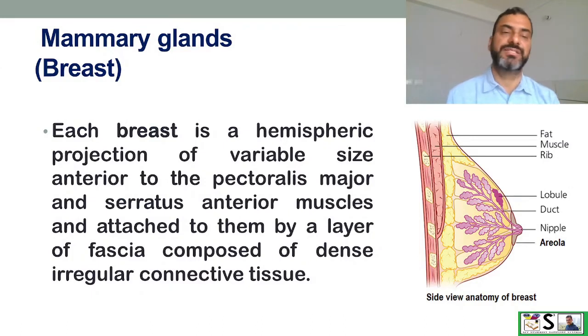Next part is mammary glands or breast. Each breast is a hemispherical projection of variable size anterior to the pectoralis major and serratus anterior muscles, and attached to them by a layer of fascia composed of dense irregular connective tissue.